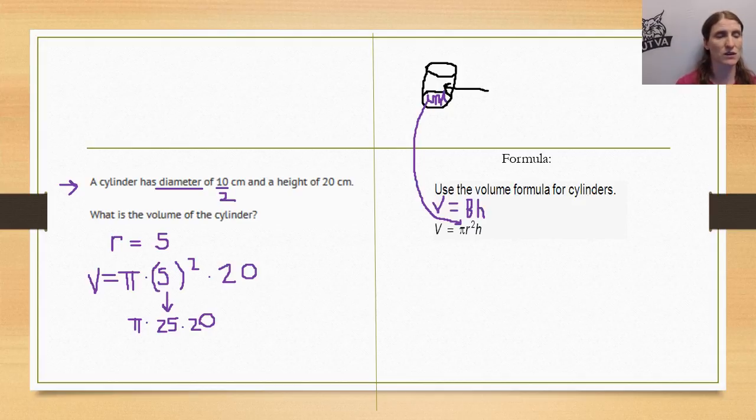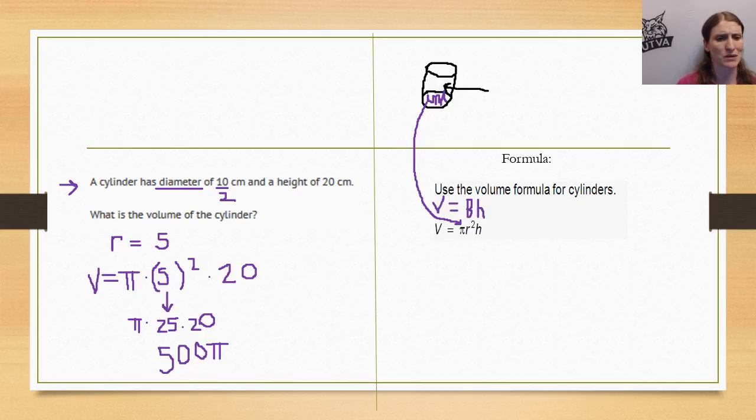It's 500 because 2 times 25 is 50, and then add a 0 to the back. So this would be 500 pi. And that would be the answer if you could see that the answers needed to be in terms of pi, or it literally said answer in terms of pi. So that would be the answer.